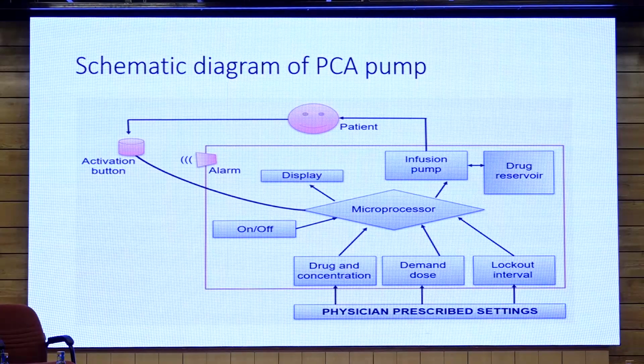There is a display which shows the parameters and the total amount of drug consumed. There are alarms. And the pump is activated by the button, and whenever the patient presses the button, the microprocessor ensures that a fixed dose of drug from the drug reservoir is delivered to the patient. So this is basically how a PCA pump works.